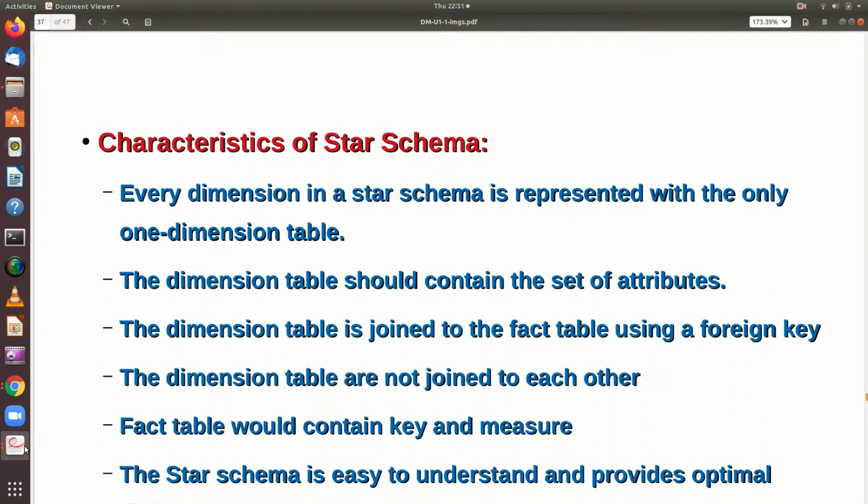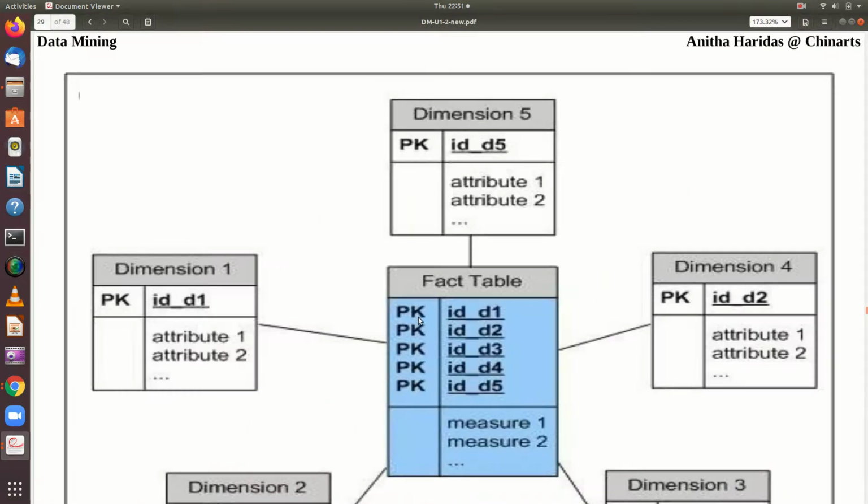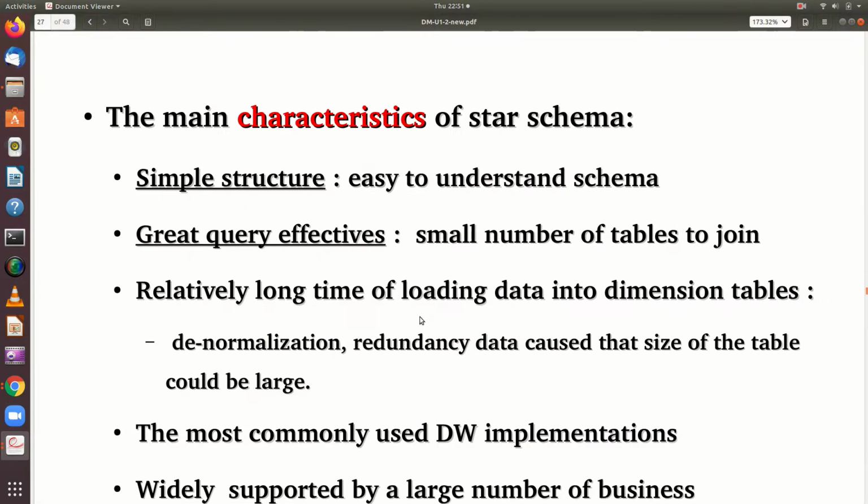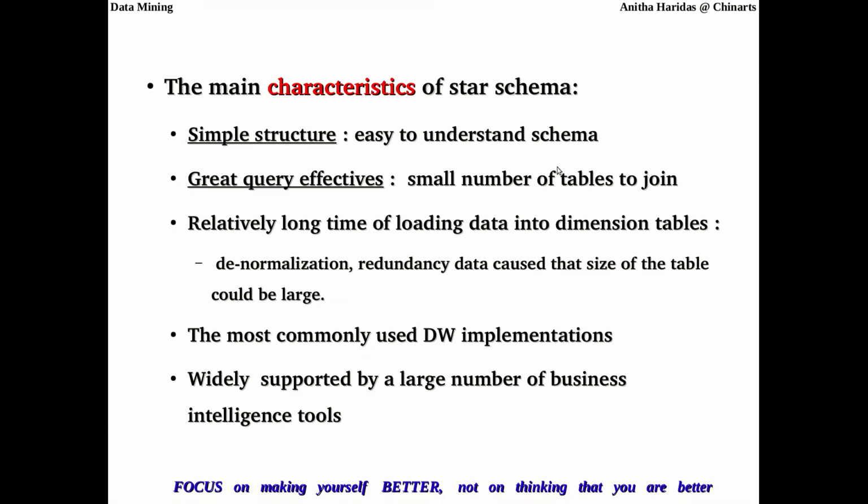It is simple in structure, and great query effectiveness is also there because a small number of tables are to be joined. There is a relatively long time of loading data into the dimension table because it is going to be denormalized.